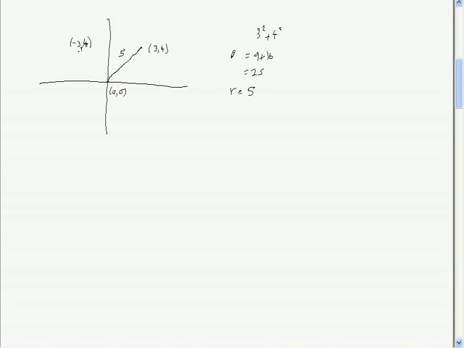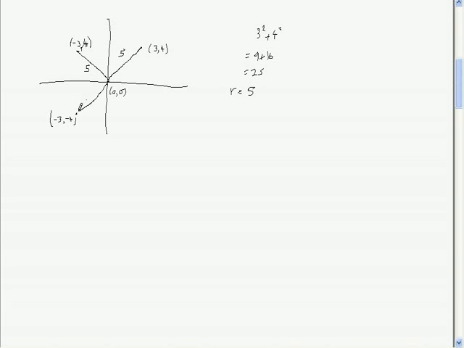So that's still 9 plus 16, 25, and the length from the origin to that point is also 5. I'm going to take another point here, minus 3 comma minus 4. Again, the length from this point to the origin is going to be 5.